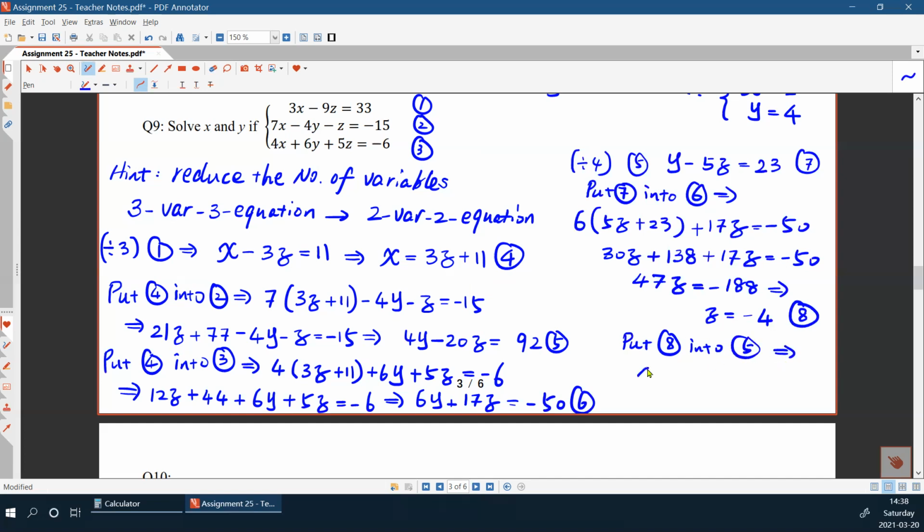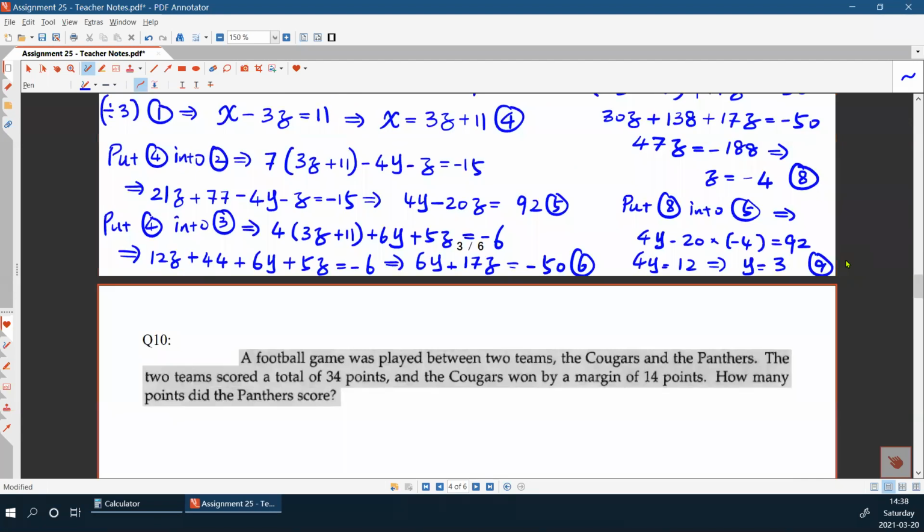So this will give you 4y minus 20 times minus 4 equals 92. So 4y equals 12, right? So that gives you y is 3. So let's call this number 9.